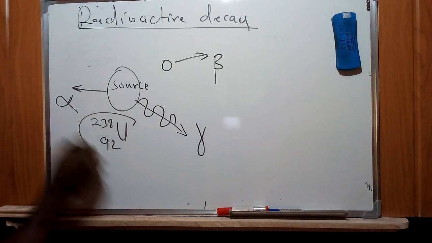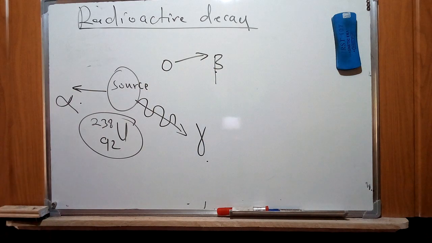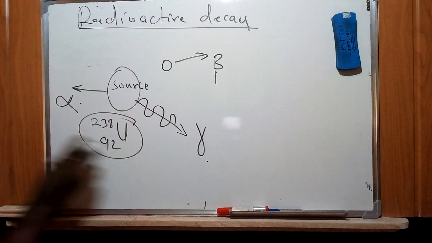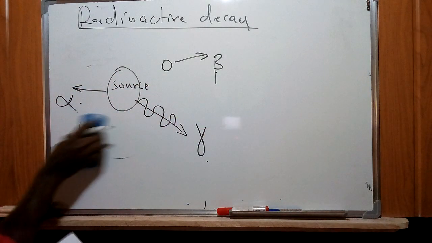We're going to see specific elements are sources of different types of these three kinds of radiations. So specifically for this, we're going to see which product it forms. Now that there are different elements which we can regard as source of alpha decay, beta, etc., or gamma. So in this case, I'm going to use this one to illustrate.